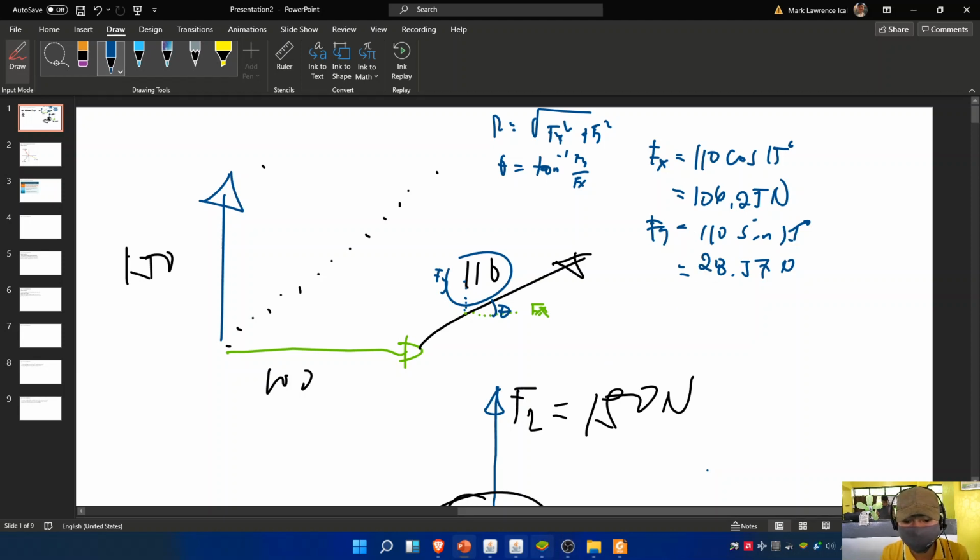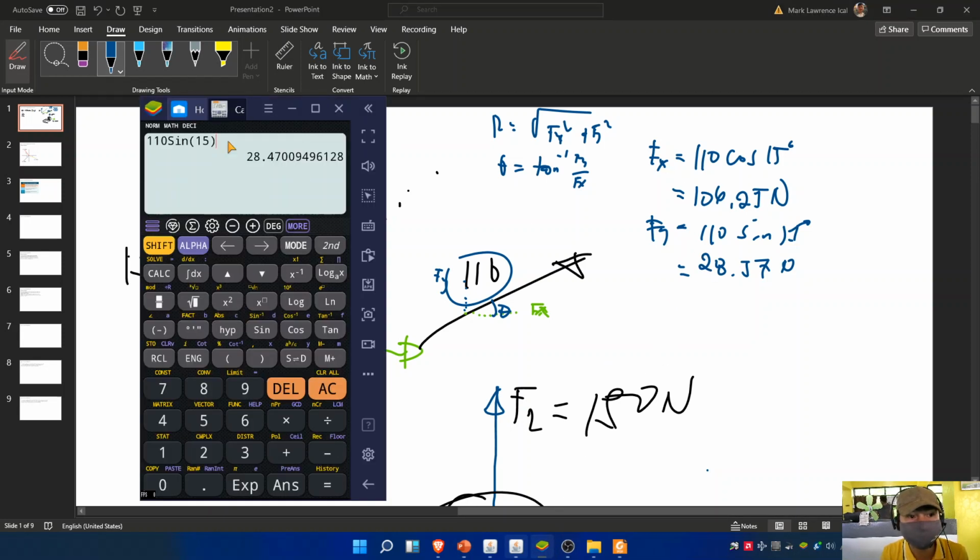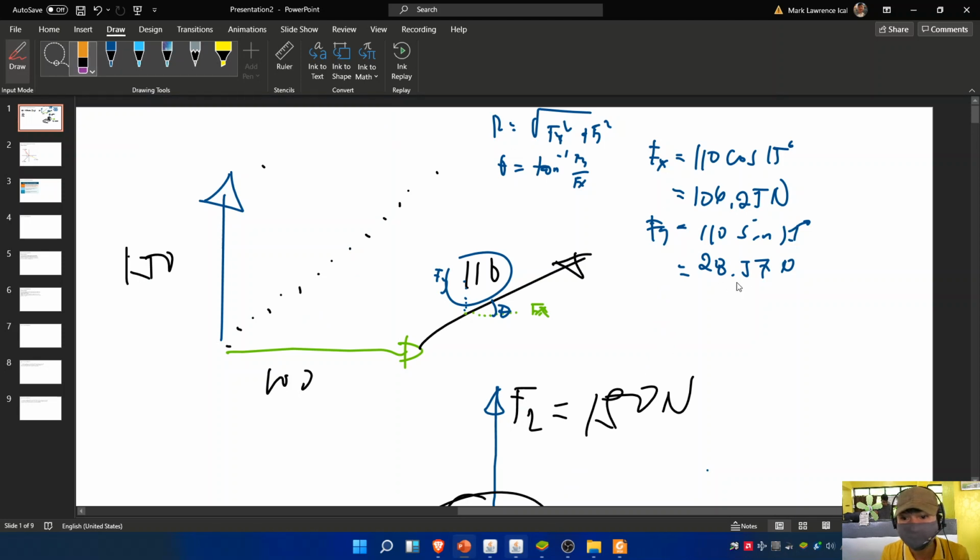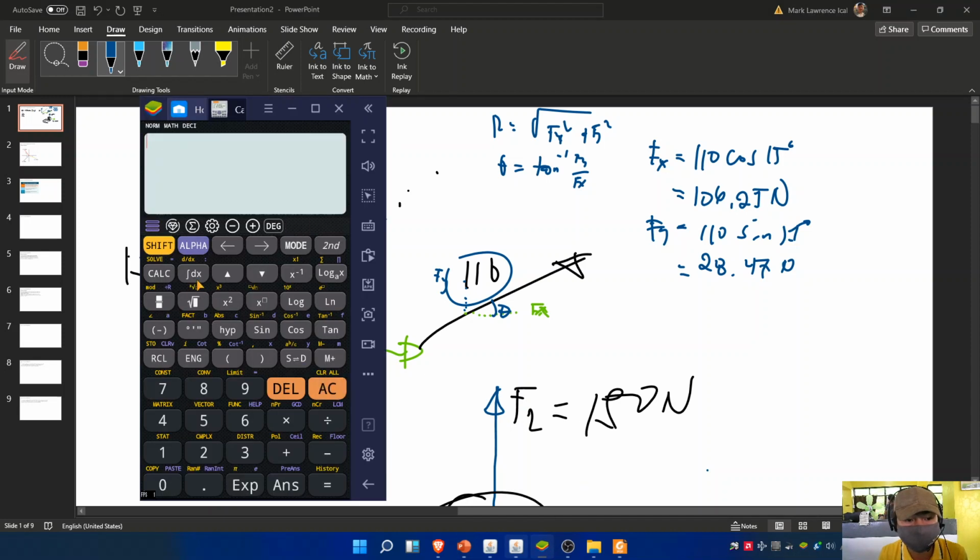Dapat nagda-double check talaga eh. 28.47 newtons. Okay, try natin ulit. Check natin. Tangent, 28.47 divided by 106. Okay, so tama na yan.